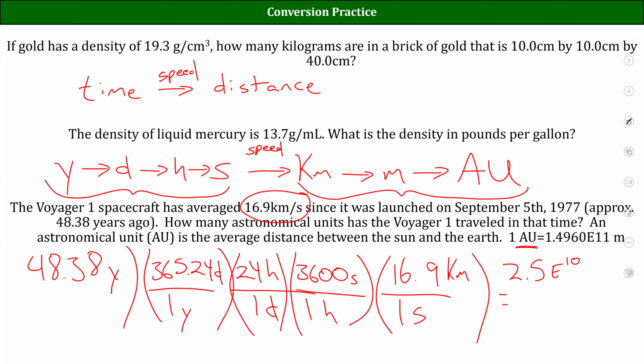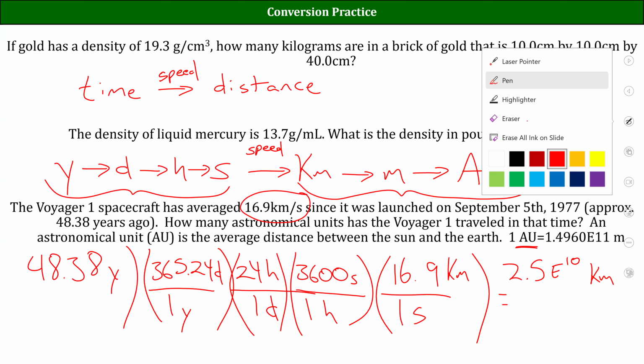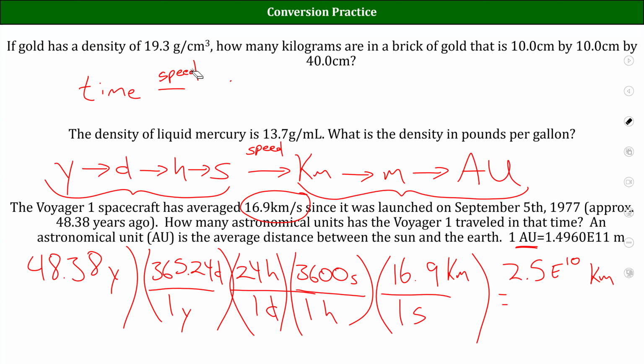Now we have a number in kilometers. We just want to get that to AU now. We're almost there. Well, let's talk about sig figs though first.